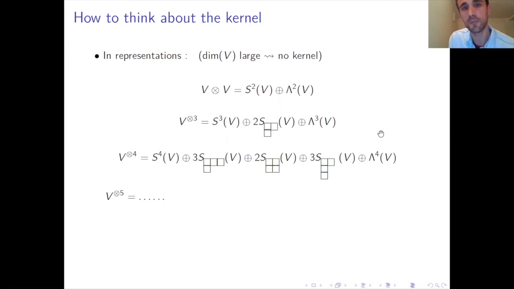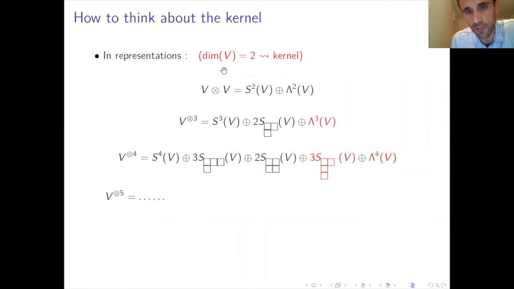So how to think about the kernel? We can think about the kernel like this. This is perfectly true and very precise if the dimension of V is large enough. So actually, if the dimension of V is large enough, there is no kernel. All these representations appear, and the image of the Hecke algebra is isomorphic to the Hecke algebra. But when the dimension is small, then things start to happen.